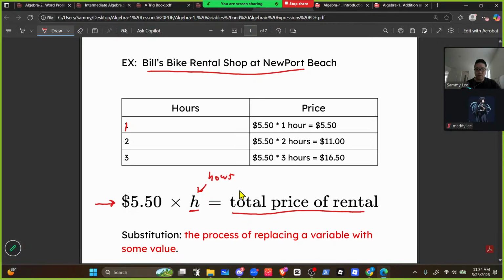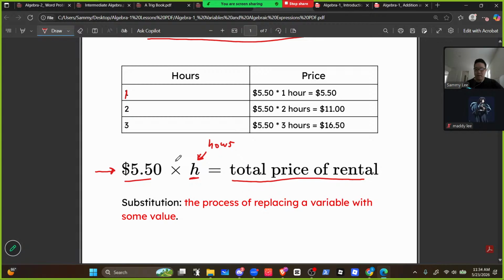So 550 is the price, and then we have H for hour, and you can plug in whatever number of hours is allowed for H. So if you rent a bike for 5 hours, you would plug in five. If you rent a bike for 3 hours, you would plug in three. And it will always give you the correct price for that bike rental.